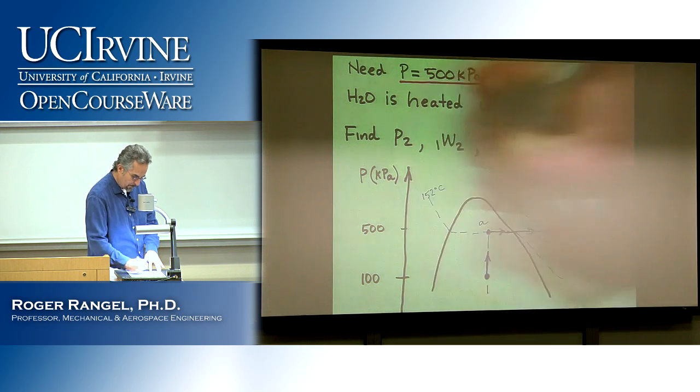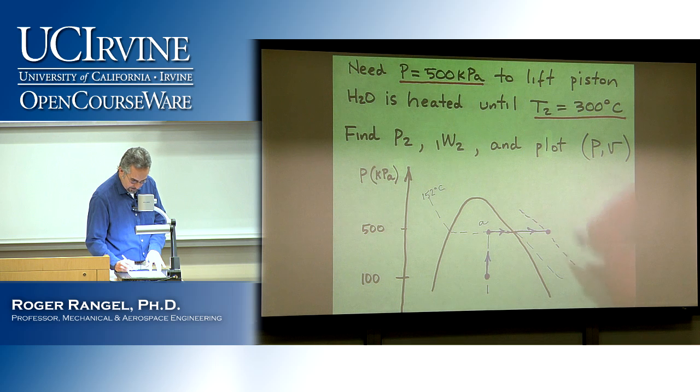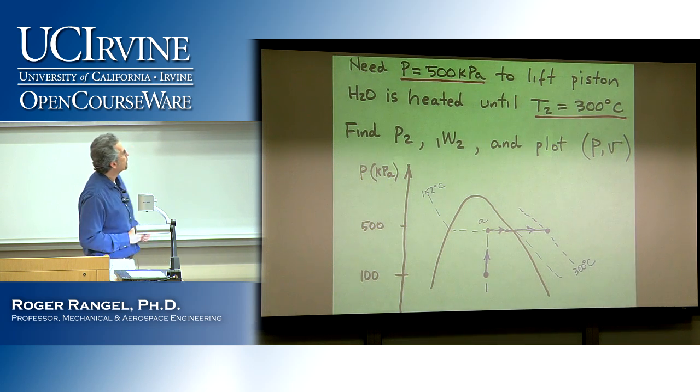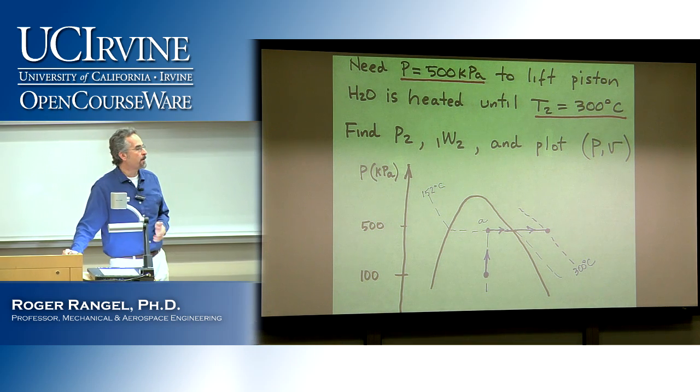Right? We don't really have to draw the whole thing. But this temperature line here is the temperature line at 300 Celsius. Right? And that's the PV diagram.